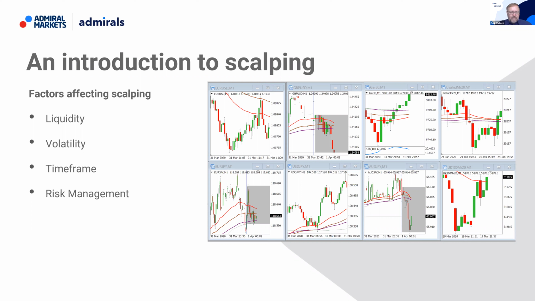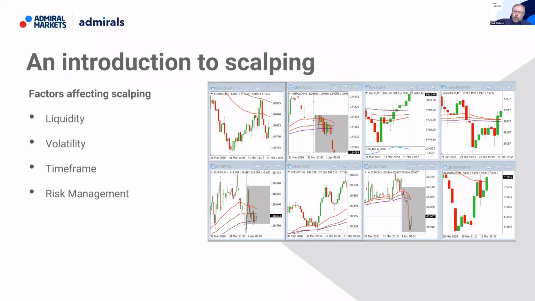Volatility is like a Goldilocks. We're looking for that Goldilocks moment. If there is no volatility, markets just aren't going to move, and trying to scalp when the market's not doing anything can be difficult.